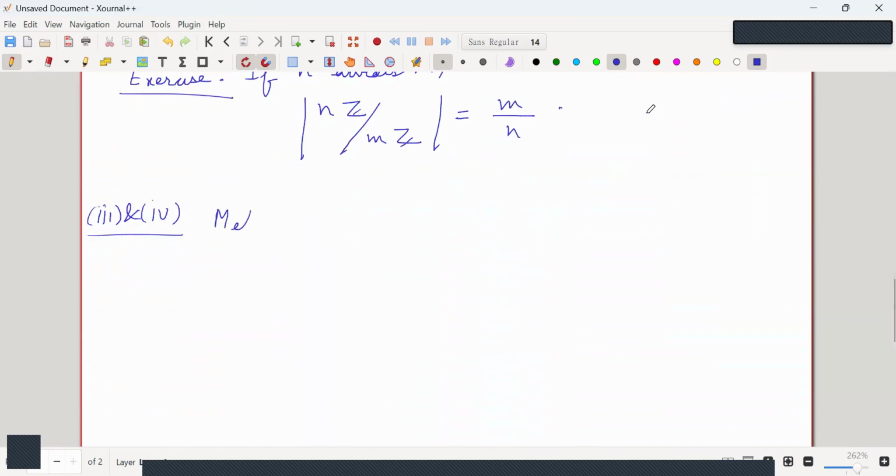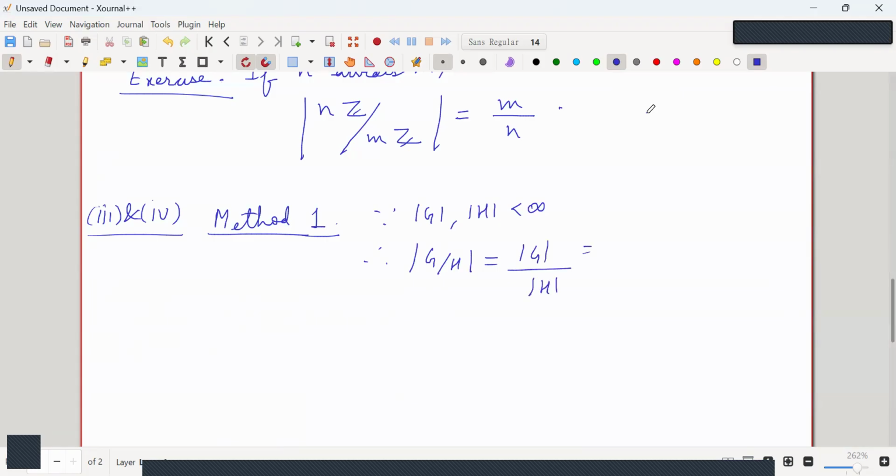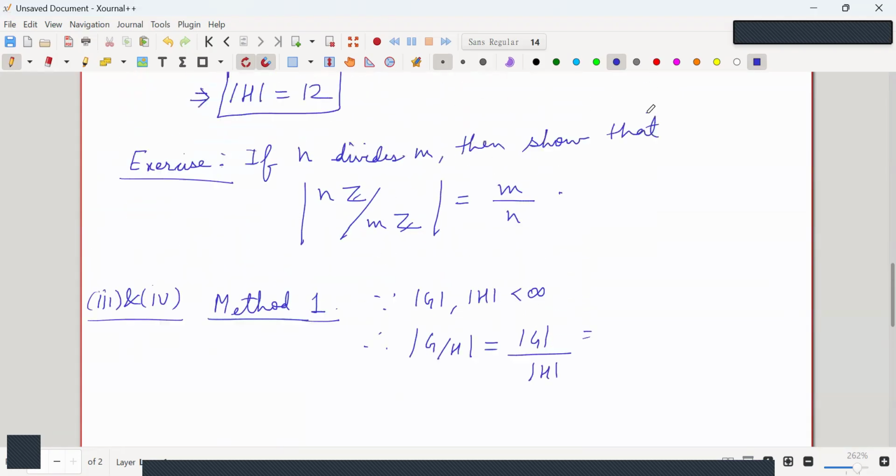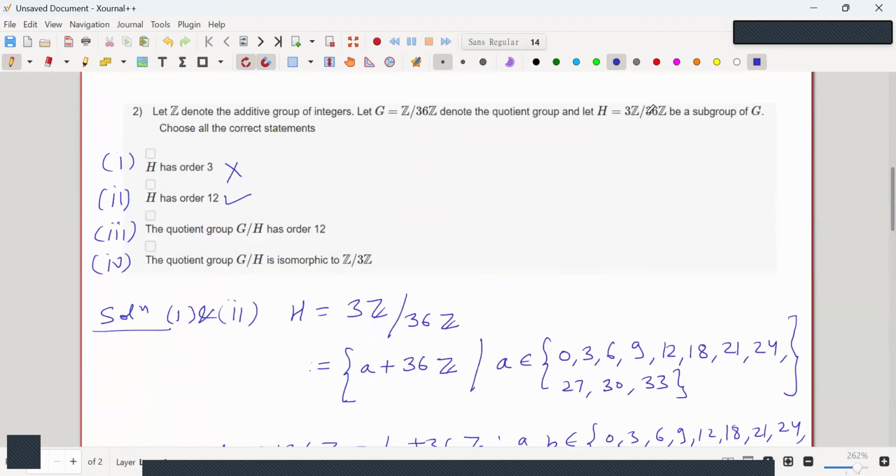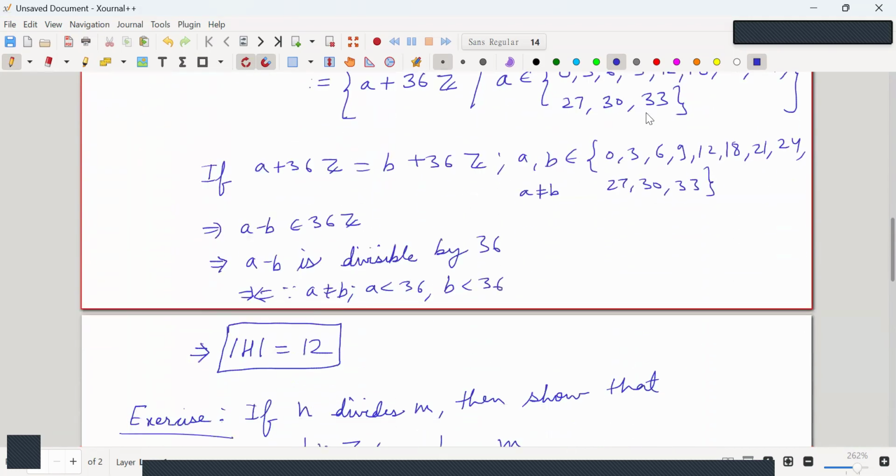I'm giving you two methods to come up with this. Method one: here G and H both are finite, right? So we can use this order criterion. The order of G by H is order of G divided by order of H. What is the order of G? This is Z mod 36Z, so it has order 36, and H has order 12.